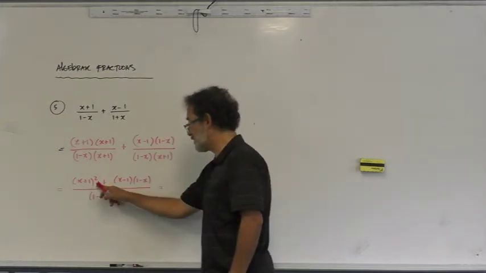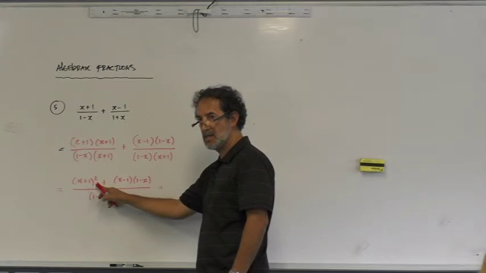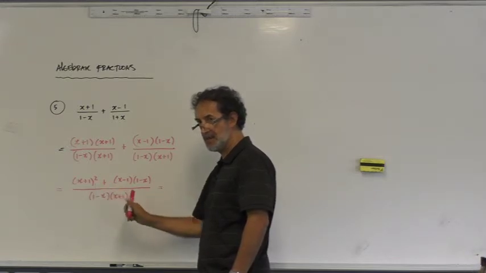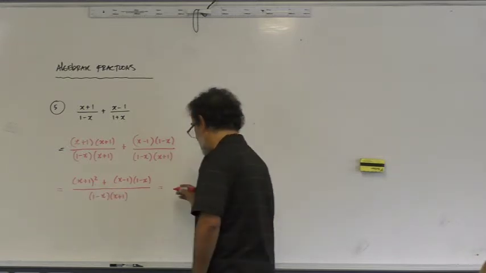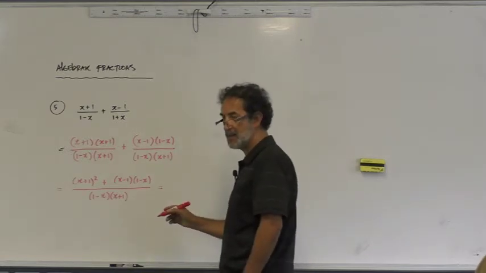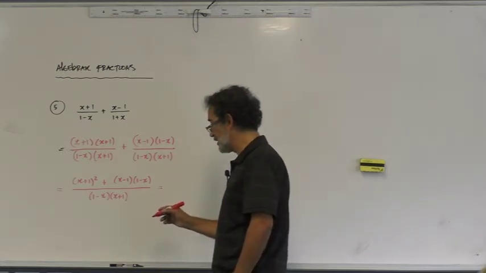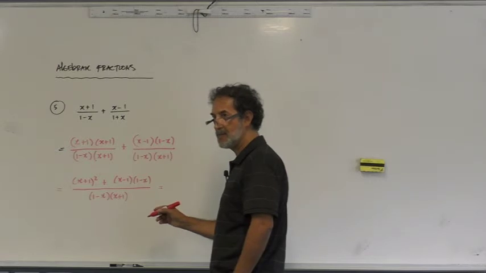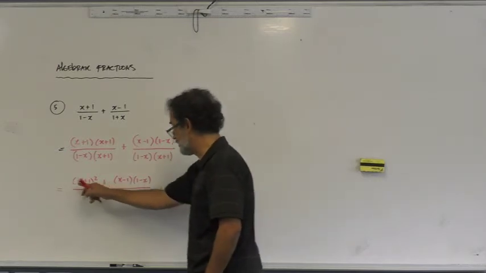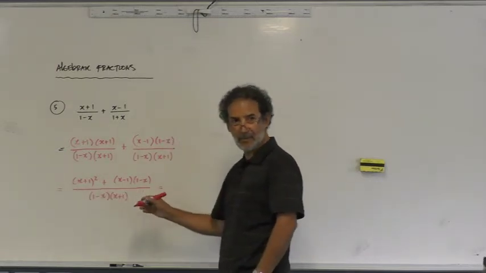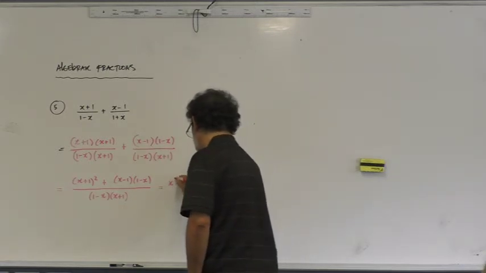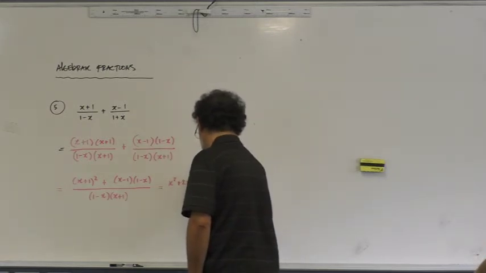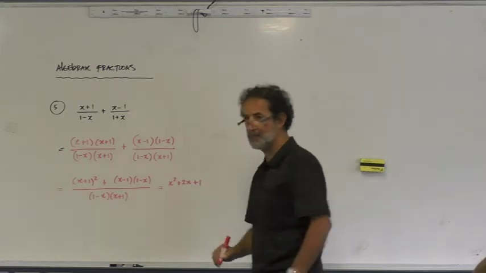So what is the answer for this? Can anybody tell me? X squared plus 1. No. Plus x. What is? 2x. So what is the answer for this perfect square? X squared plus 2x plus 1.